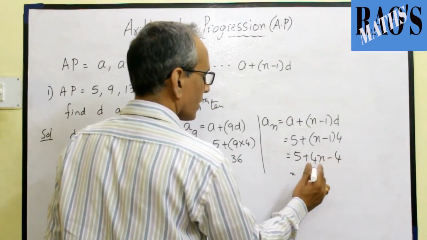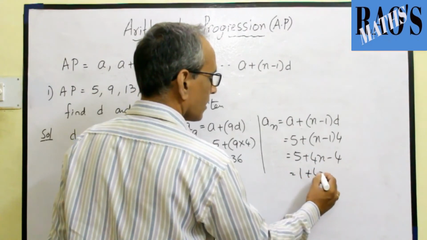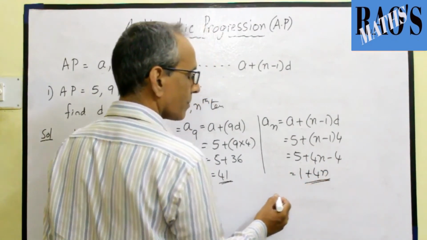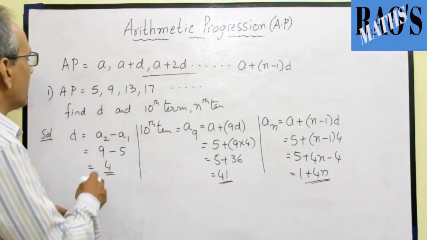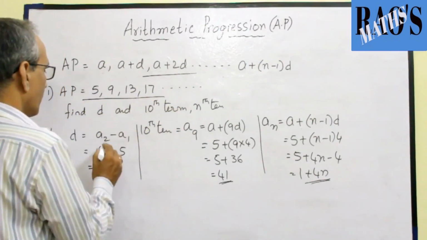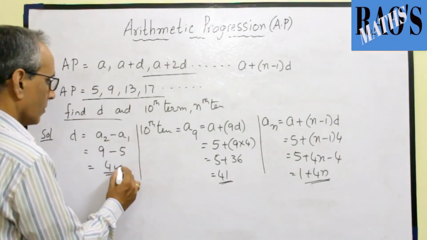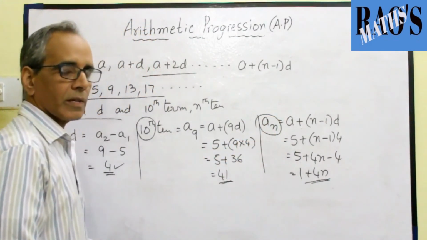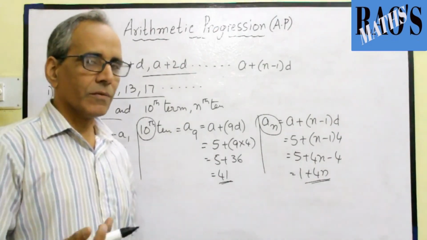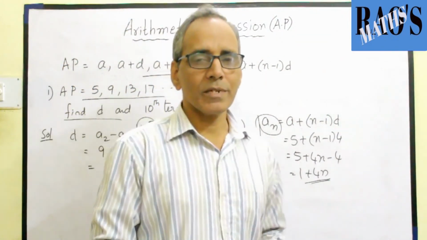So 5 minus 4 is 1 plus 4n is the nth term. So if we know the series of any AP, when you get the d value, we can find any term and also the nth term. Very simple. These are important 1 mark or 2 marks questions in the board examinations.